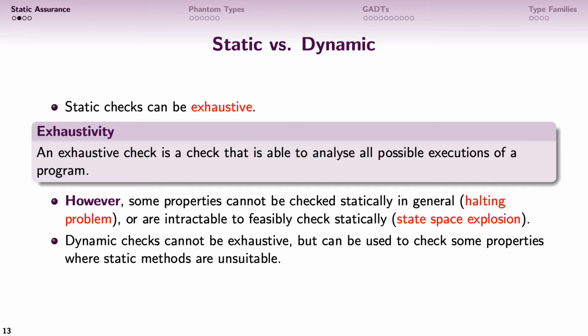Another major problem, particularly in the area of model checking, is that some programs just have really, really large state spaces, and there's no way to realistically compact that state space to make it feasible to check in a reasonable amount of time. So we have so many states to check, and it's just impossible to check all of them. And so exhaustivity can require us to either sacrifice expressivity of our properties or give up on checking certain complicated programs.